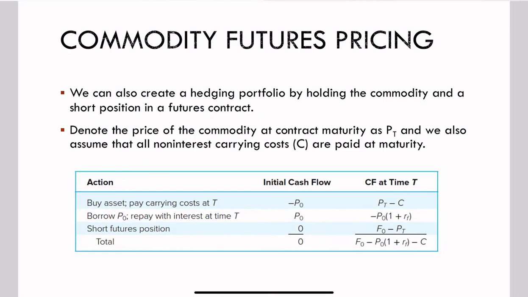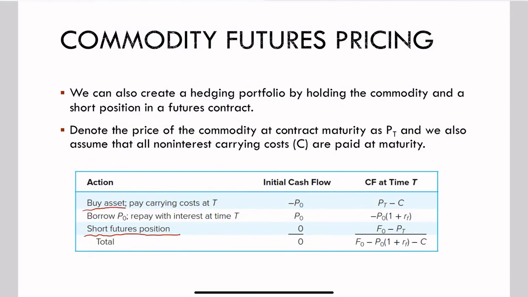Right? So that's the basic idea of hedging. Now let's see how this works. So here, obviously you will take a short position in futures, and then you will have a long position in this commodity.